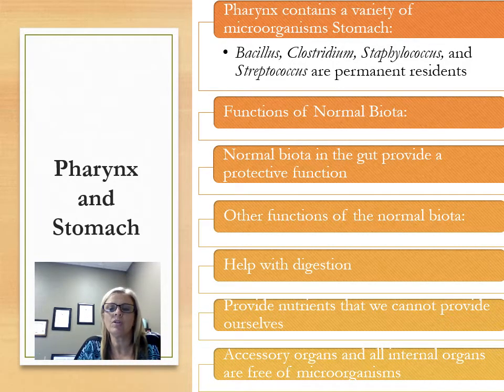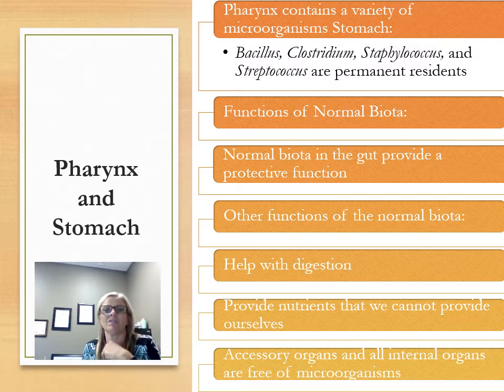So while you'll notice our respiratory chapter was one of the shortest, this system has so many normal microbiota and so many diseases that this is actually one of the longer ones. So those kind of balance each other out. So in the pharynx, we also have a variety of microorganisms, some of the same organisms we looked at in Chapter 19: Bacillus, Clostridium, Staphylococcus, Streptococcus.